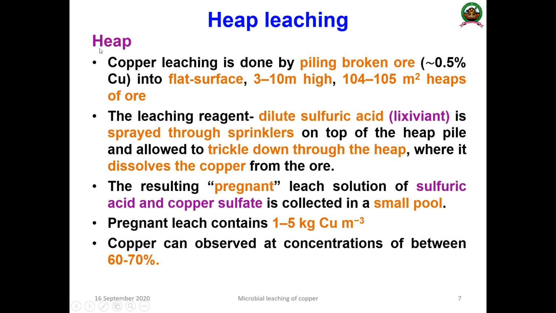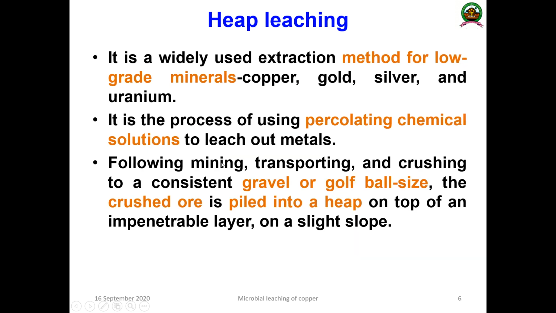More detail about the heap. What is this heap? After mining, the ore should be transported and crushed. Primary crushing should be done and you will have gravel or golf ball size crushed ore.